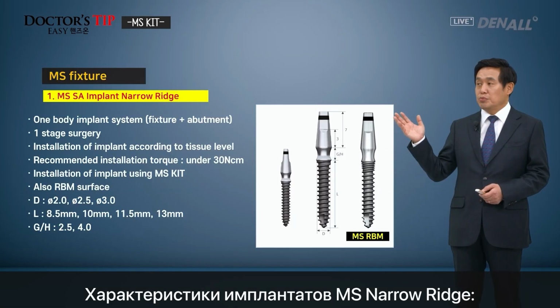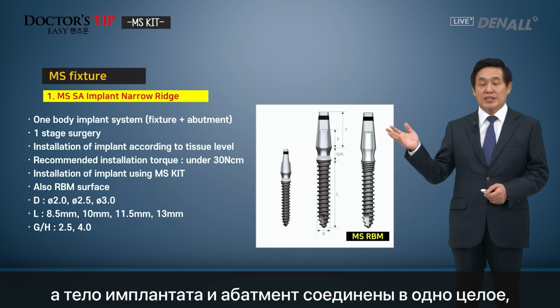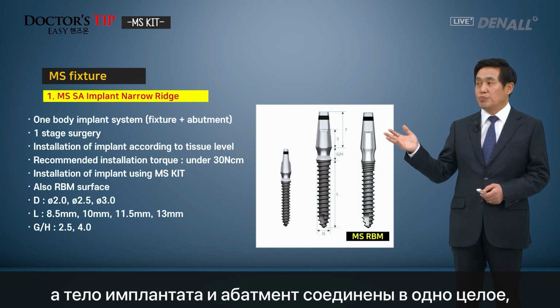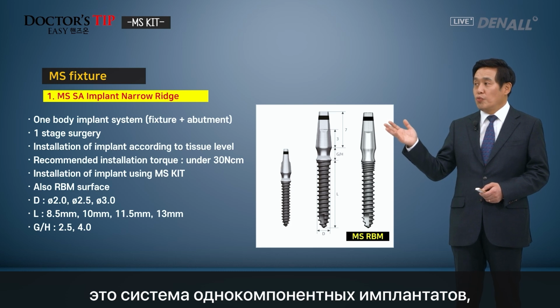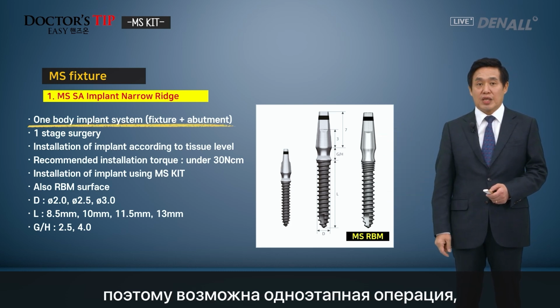And for the MS fixture, what are the characteristics of the MS implant fixture? The narrow implant has an SA surface, like TSA, and the fixture and abutment are connected as one body. It's a one body implant system.